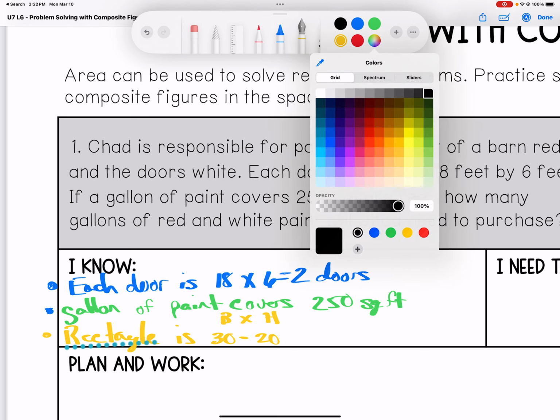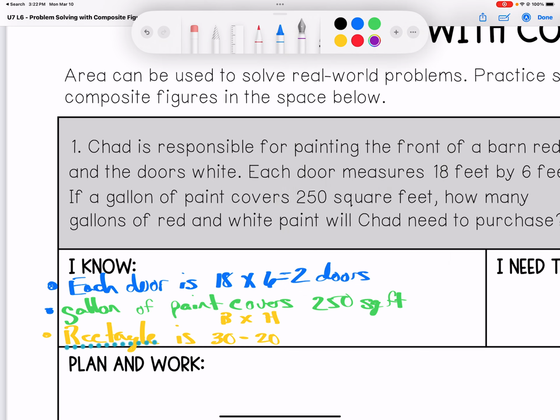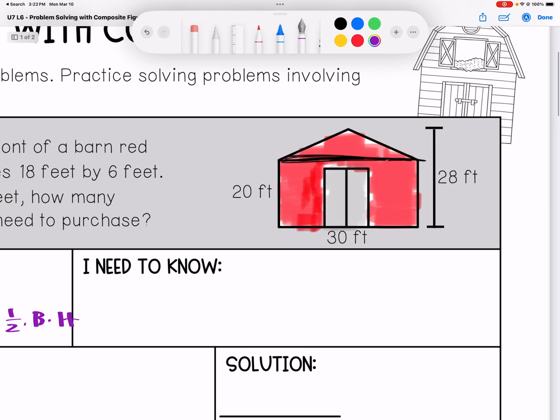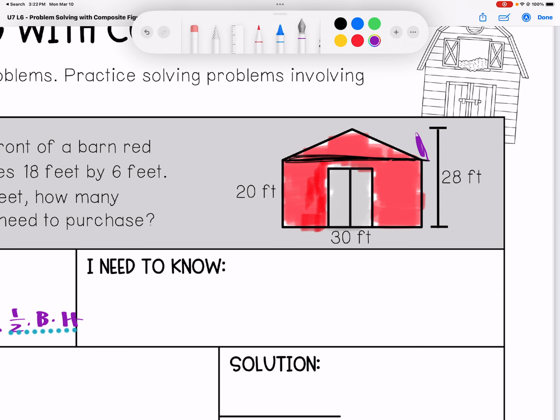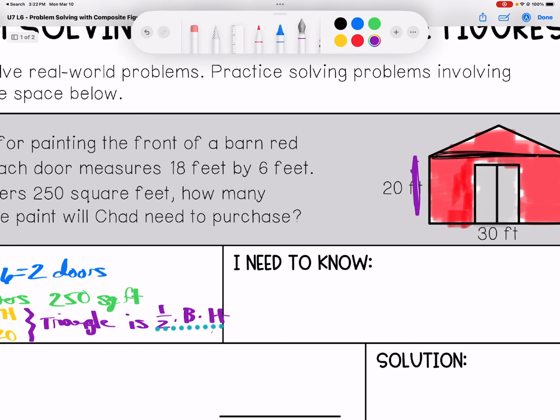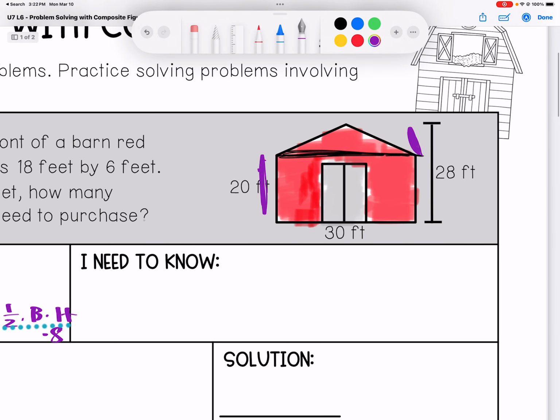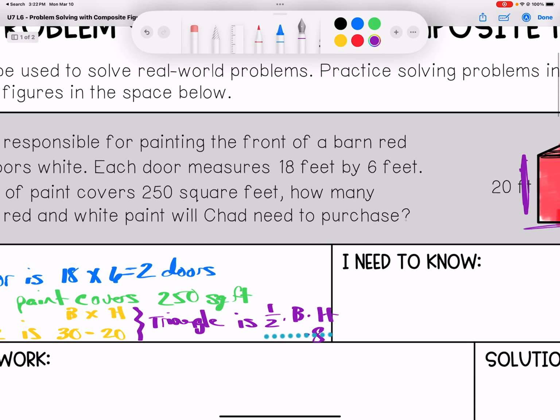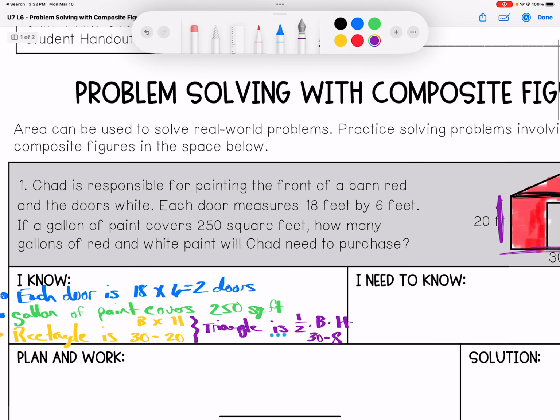Also I know that the triangle is half times base times height. If the whole thing is 28 and from here to here is 20, what is left? 8. So the height is 8. The base is 30. And then times a half.